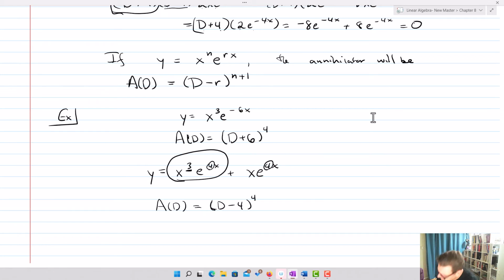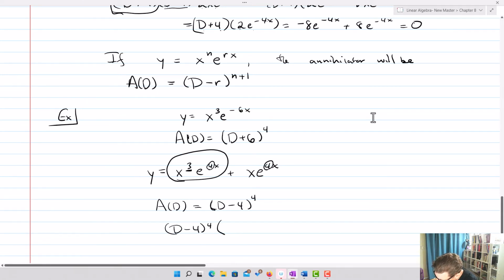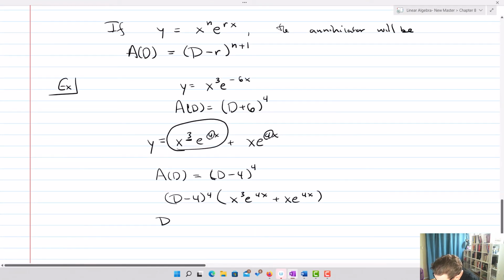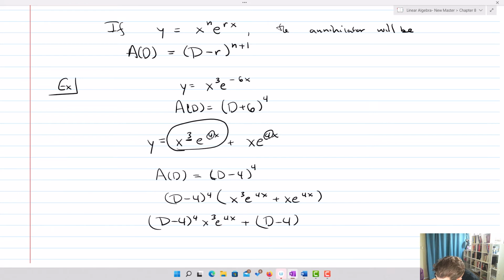So in this case, you could say, if I've got (d minus 4) to the 4th, operating on x cubed e to the 4x plus x e to the 4x, what I can do is say this is (d minus 4) to the 4th on x cubed e to the 4x, plus (d minus 4) to the 4th on x e to the 4x.